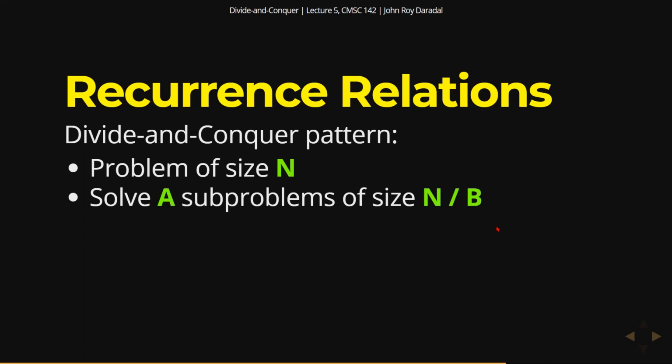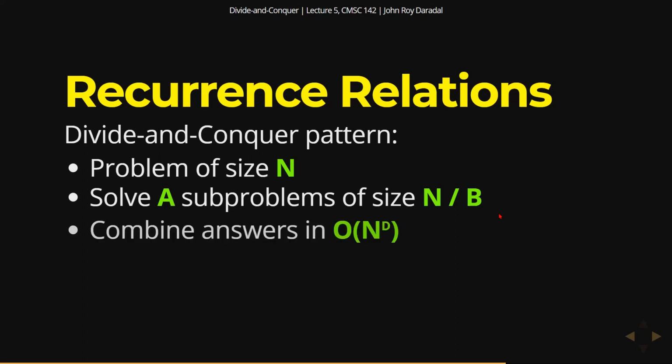Because we're dividing it into maybe 2 or 3 or 4, b is whatever is the denominator. So if it's half, b would be equal to 2 because n over 2. Or if it's divided into 3, then you have n over 3, right?